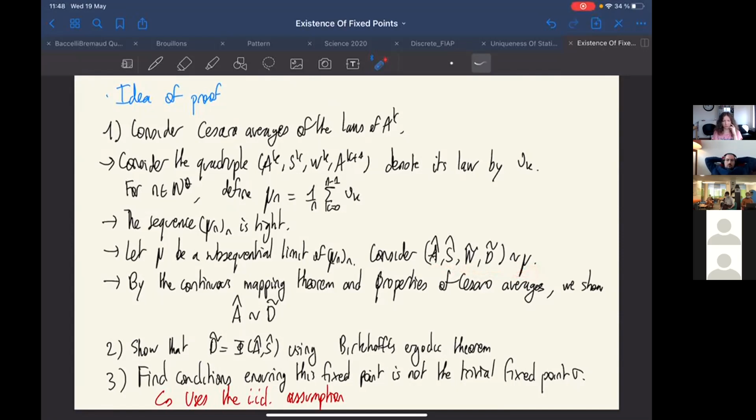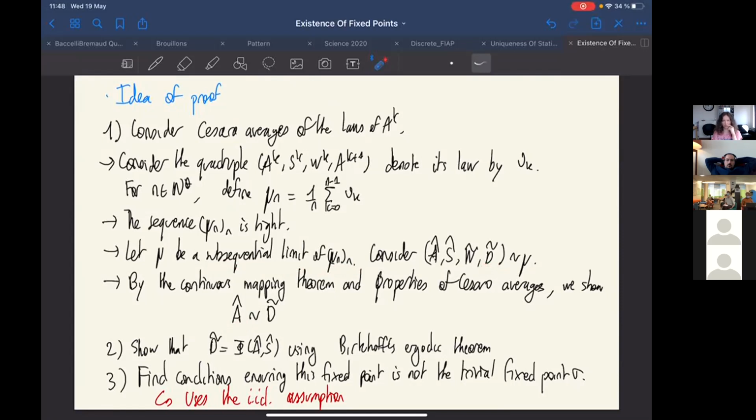So you use the continuous mapping theorem and some properties of Cesaro averages to show that if you look at the distribution at the subsequential limit of mu n, the distribution of the inter-arrival times is the same as the distribution of the departure times.